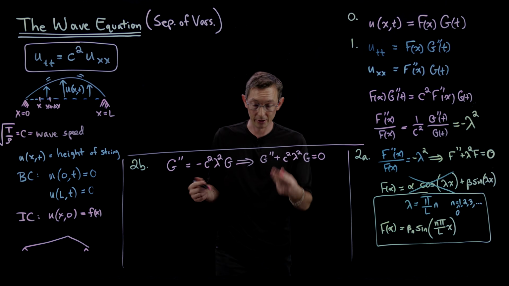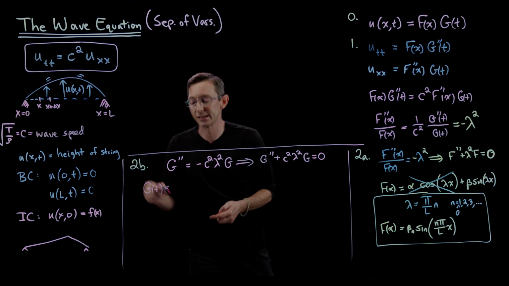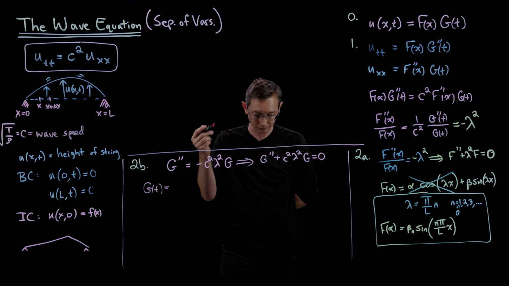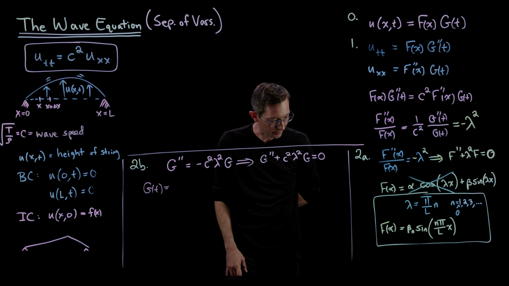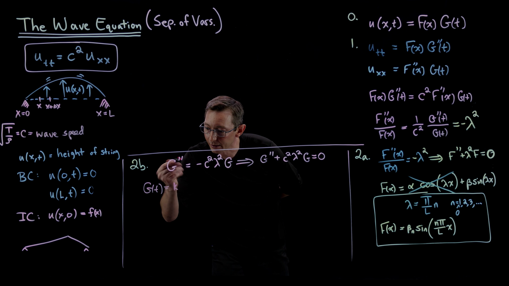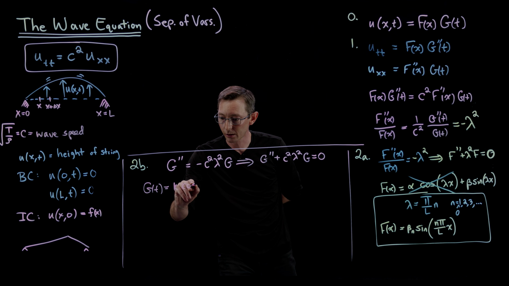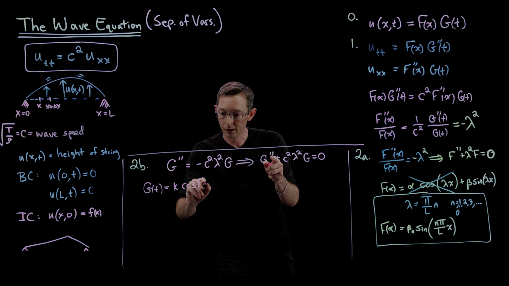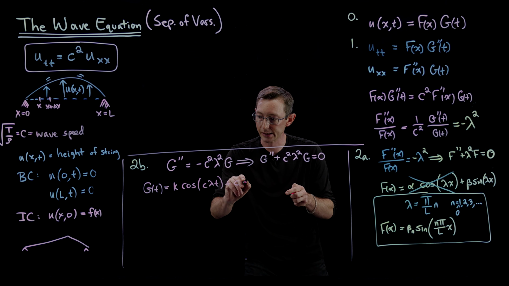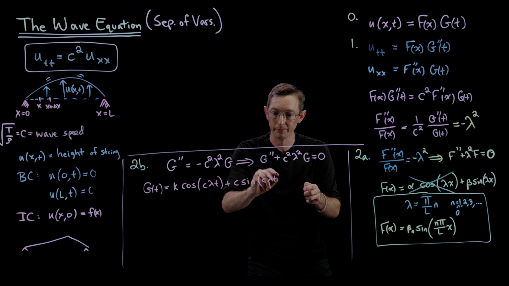Okay, so similarly, my G of t's are going to be equal to some other constants. I don't know what to call these. Let's call them, I don't know, k times cosine of c lambda t plus some other constant c times sine of c lambda t.